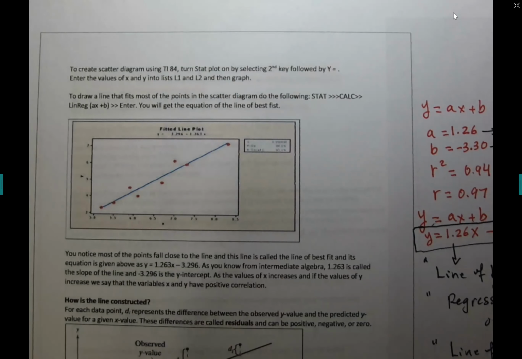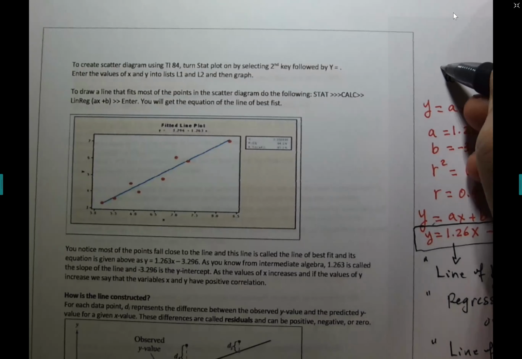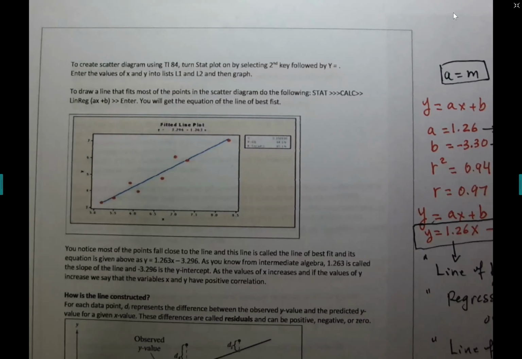So what you learned so far, guys, how to plot points on the system, X and Y coordinates, and how to find the equation of the line, which is y equals ax plus b or mx plus b. So a is m here, guys. It's okay. Whomever programmed this didn't like to put m. He put a, so that is fine. And you learned also how to sketch just a line and see how it passes through the points.